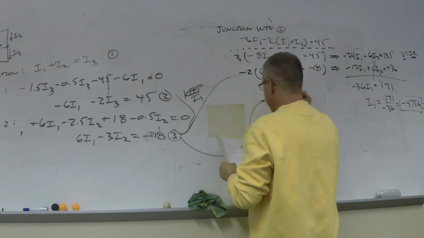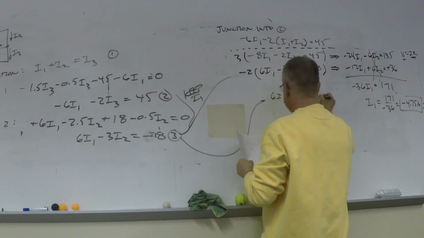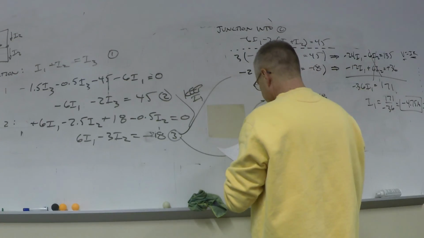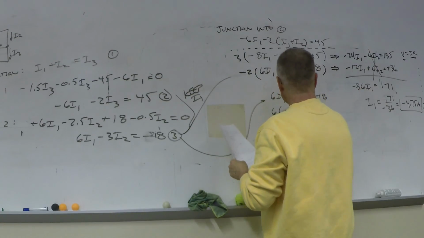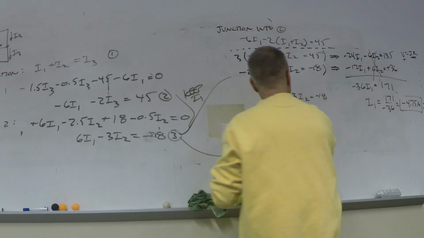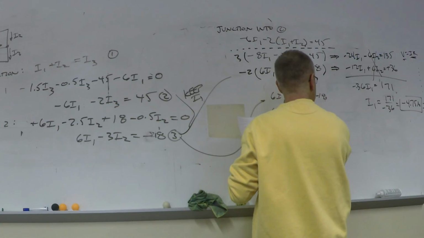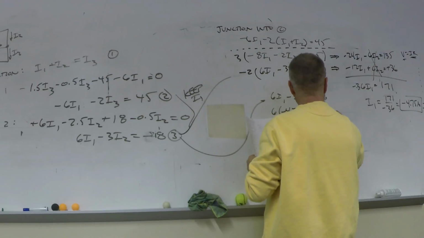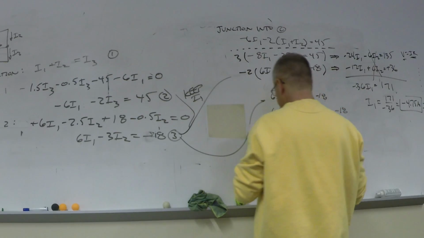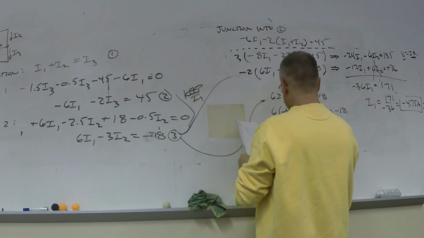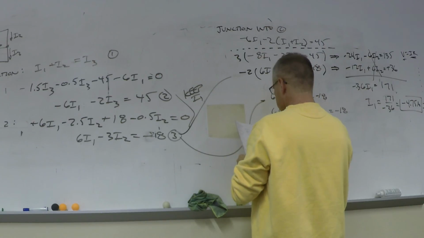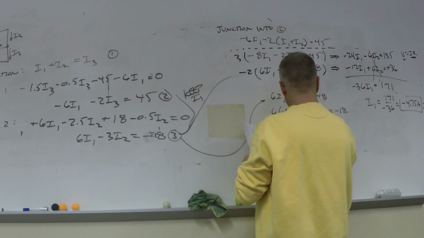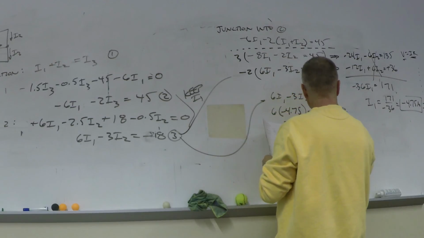So 6I1 minus 3I2s is equal to minus 18. Or 6 times, keep the negative in there. We're not going to change any of that till the very, very end of the problem. Let's see, this is minus 28.5 minus 3I2s.